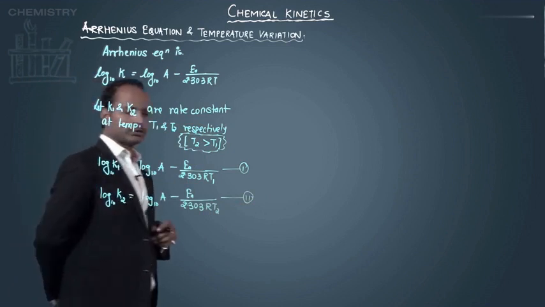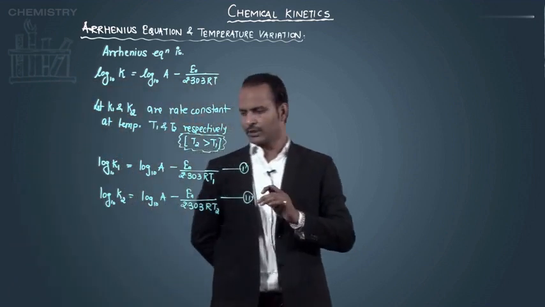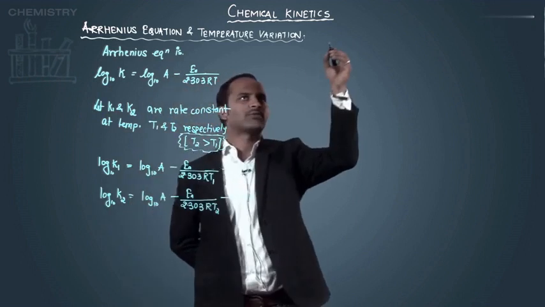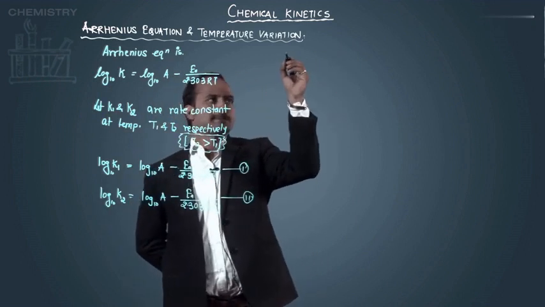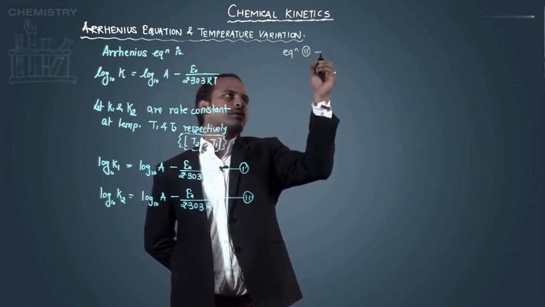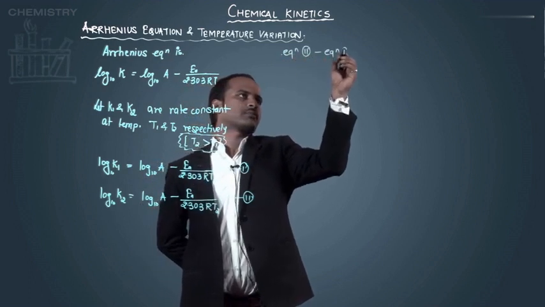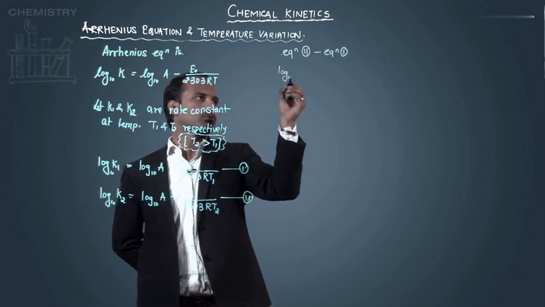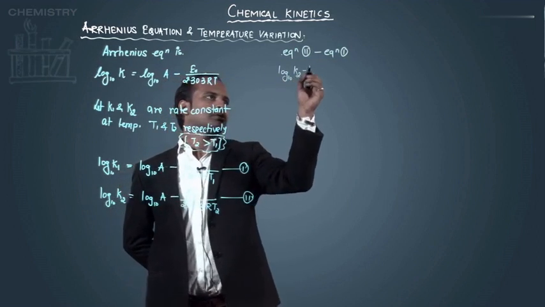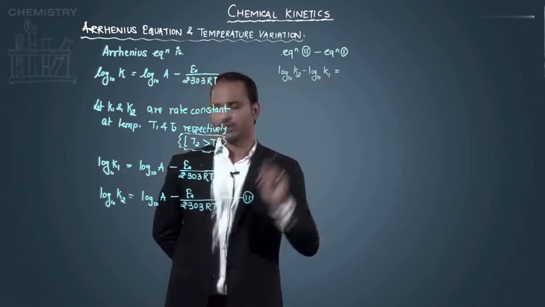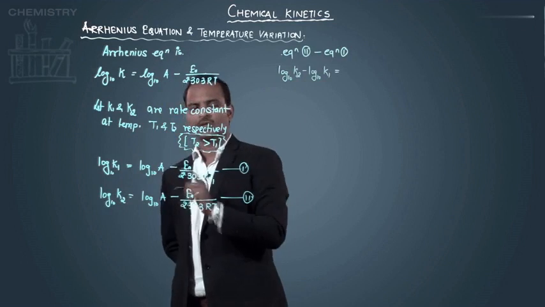I wanted to club both the equations. Clubbing will be done by subtraction, so equation 2 minus equation 1. If I'm subtracting, it will become log to the base 10 K2 minus log to the base 10 K1 is equal to, during the subtraction both log A terms are the same, so they will get cancelled.